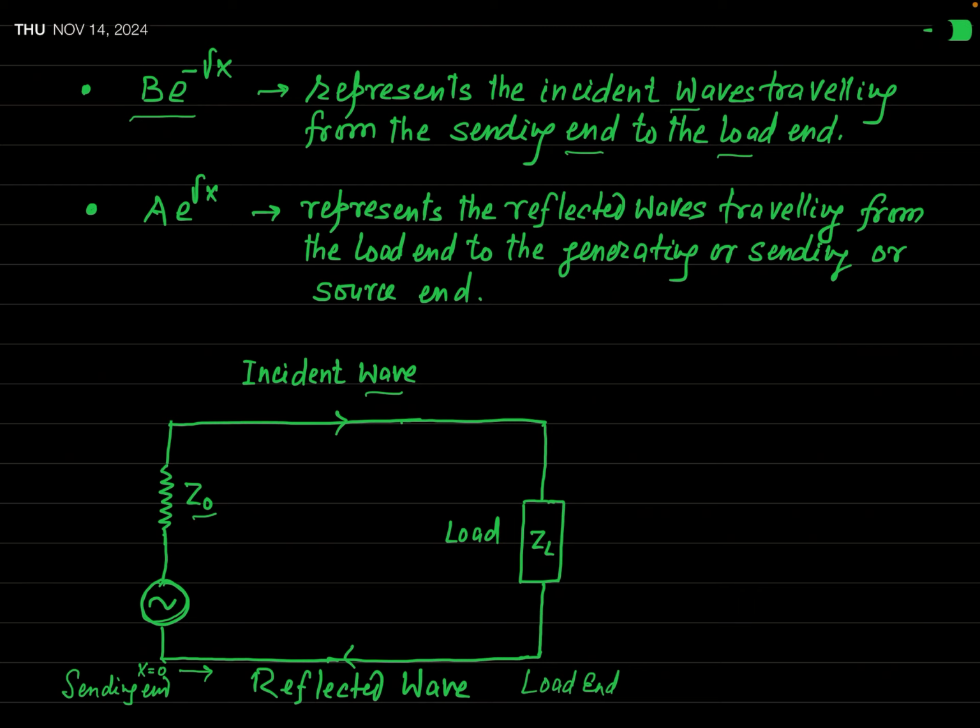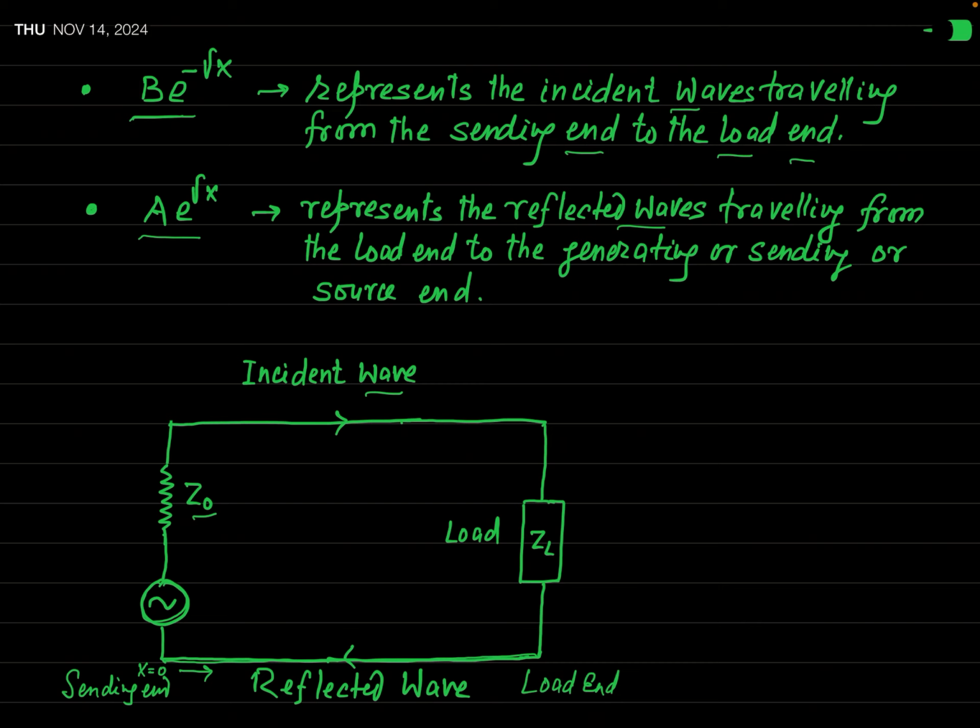So this term B times e to the power minus gamma x represents the incident wave which travels from the sending end to the load end. And the first term in that equation, that is A e to the power gamma x, represents the reflected wave. And this reflected wave travels from the load end to the sending end, or the generator end, or the source end you can also say.